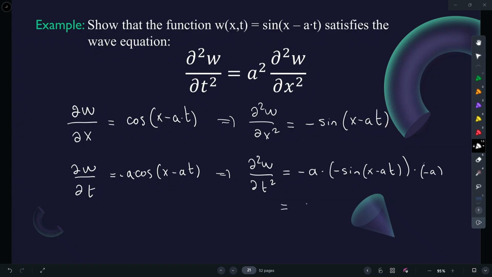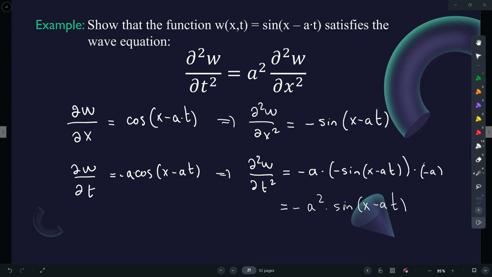So if I simplify that, I get a squared times sine of, oh, there was another minus, so there's actually a minus in front: minus a squared times the sine of x minus at.